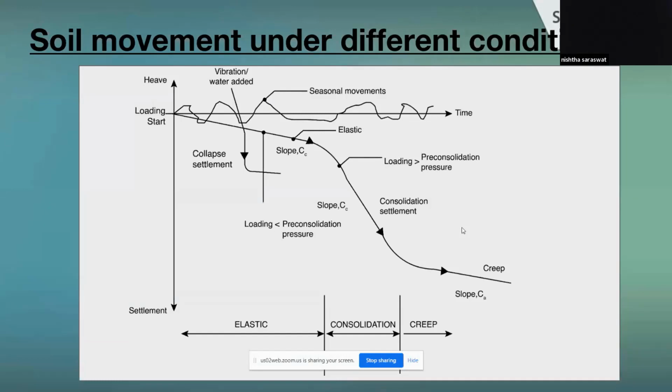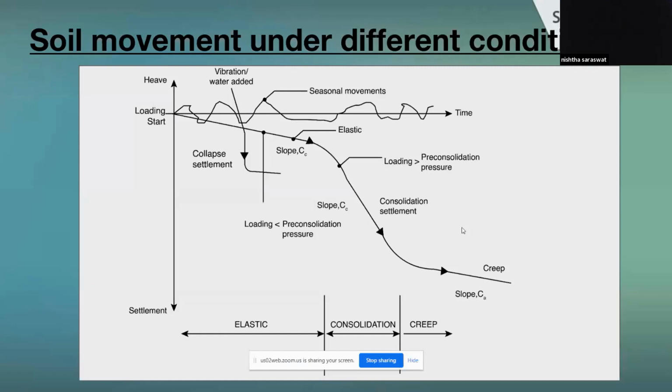But in case of saturated soil, at present state, there are soil particles and there is water available in the system. Initially, there's a load which is being applied, so no further change on that, sigma z.